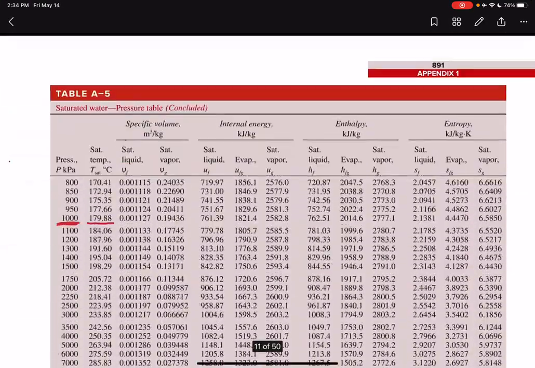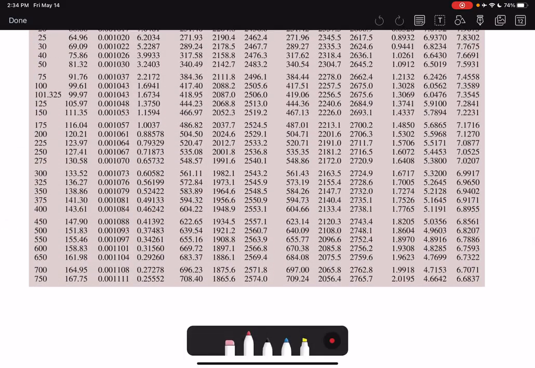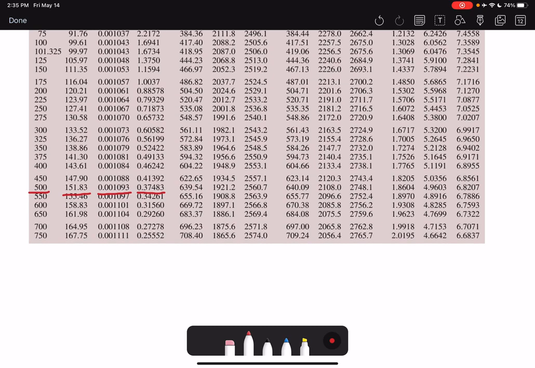And in table A5, we're going to look for 500 kilopascals, which is right here. Okay, so this is our value. And we see that our temperature of saturation is 151.83. And we know that our VF and our VG are these two values right here. So I'm going to write this directly here on the table so it's easier to see.